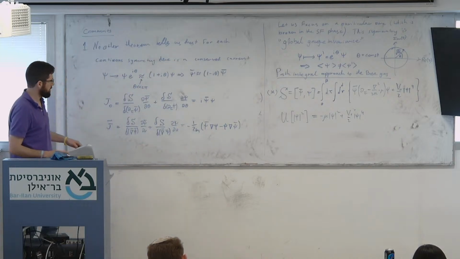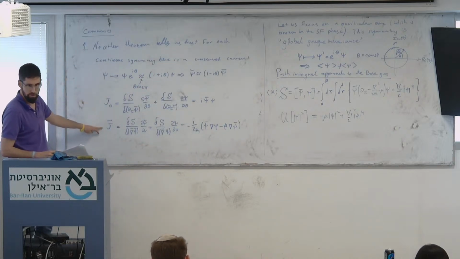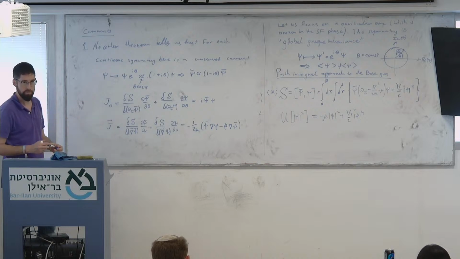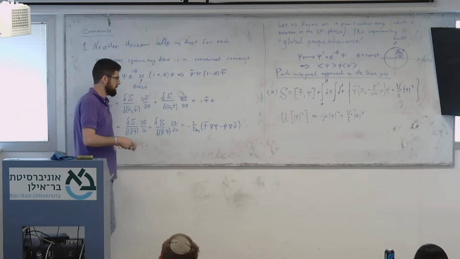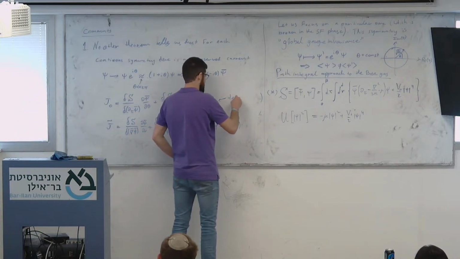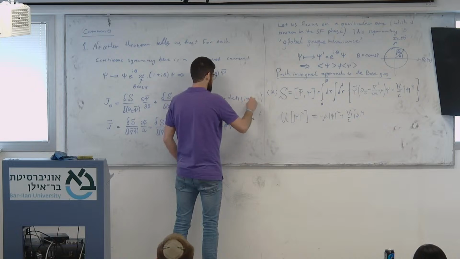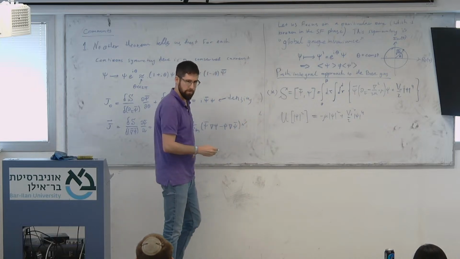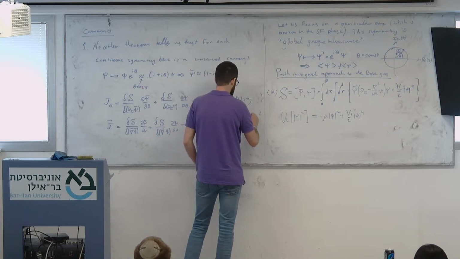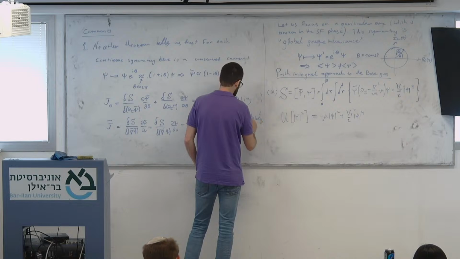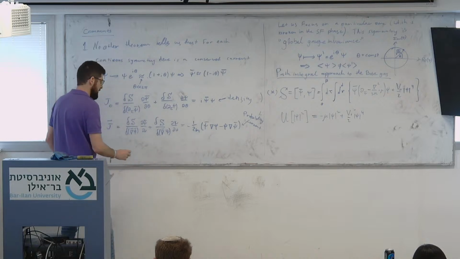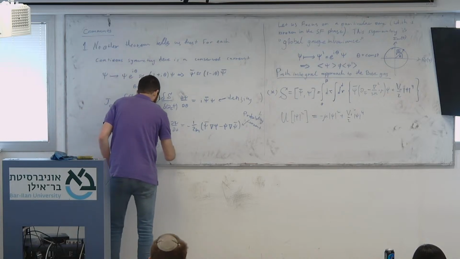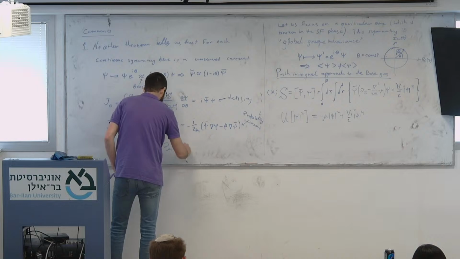Do these two look familiar to you? What is this? Density. The density current. And what is this? It's current. Probability density and current. So from here we see that the conserved quantity is d mu j mu.